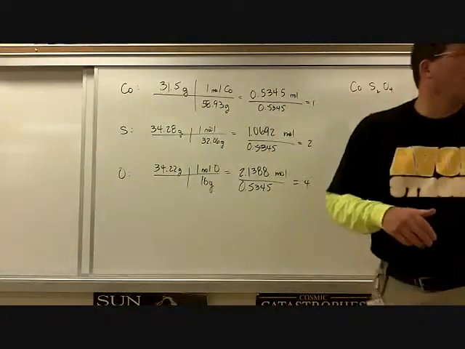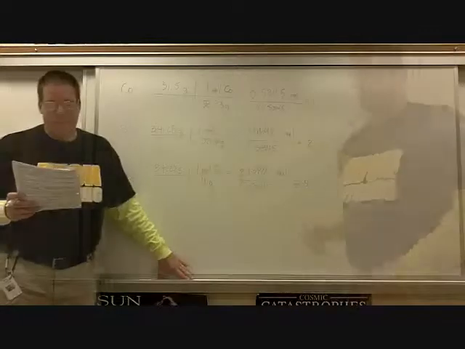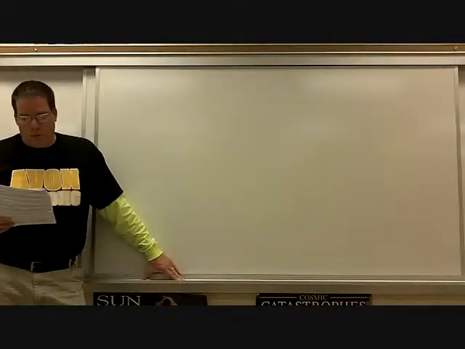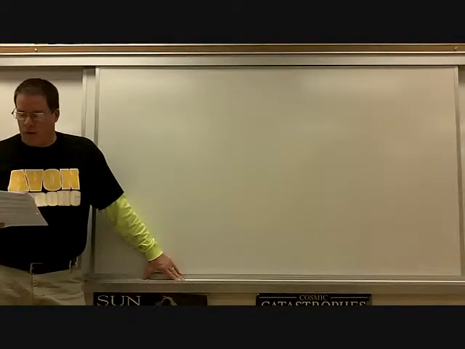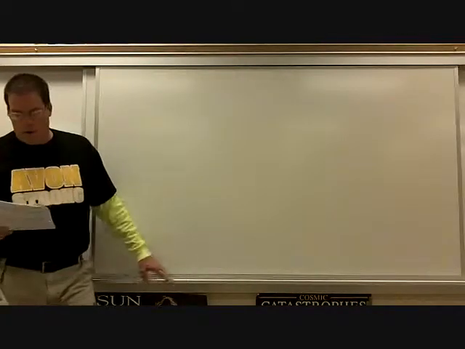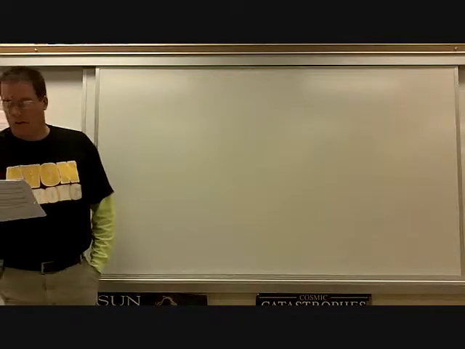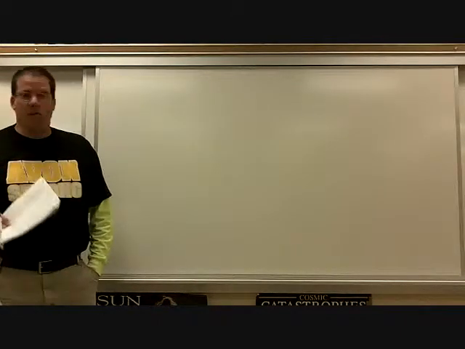All right, let's look at the second one. Number 2. It asks, what is the empirical formula for a 425 gram sample containing 69.94% of iron and 30.06% of oxygen. So again, that 425 is a distractor. Don't do it.